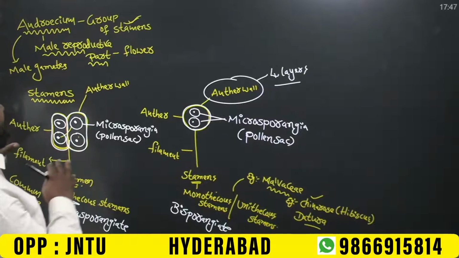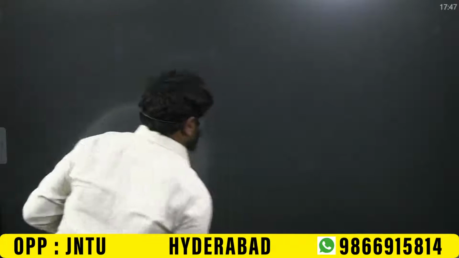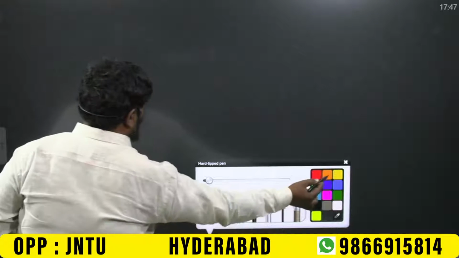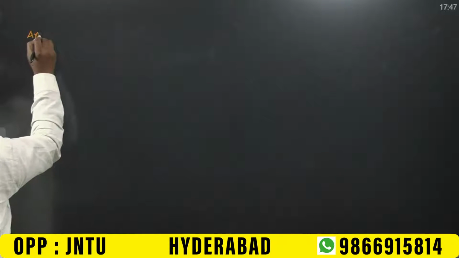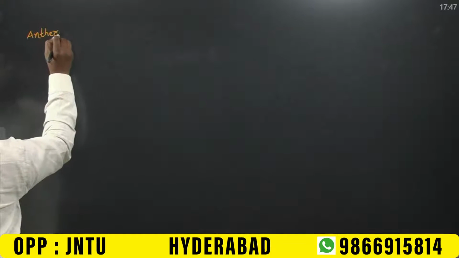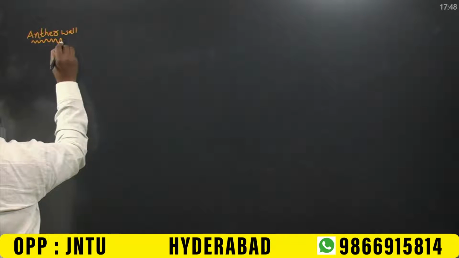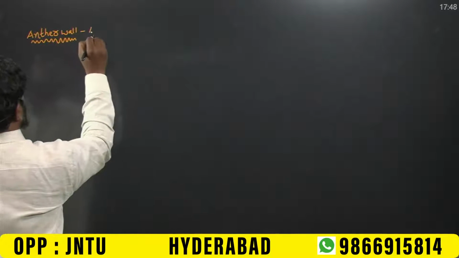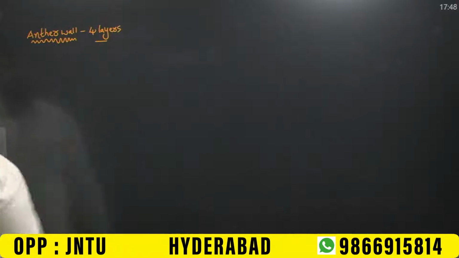So after this stamen, we are taking the next topic, structure of anther wall. Generally the anther wall is made up of 4 layers.